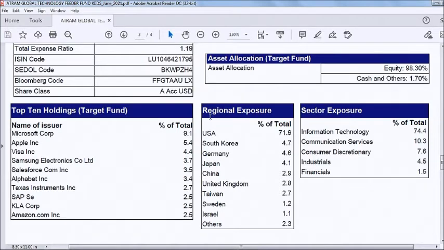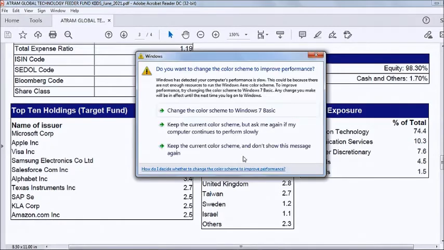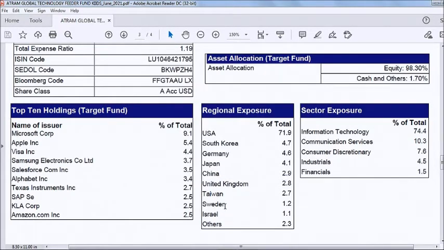So, meron ding regional exposure. So, percent of total, we have USA, South Korea, Germany, Japan, China, United Kingdom, Taiwan, Sweden, Israel, and others. Here, it's also important to know ano yung sector exposure ng fund na ito.